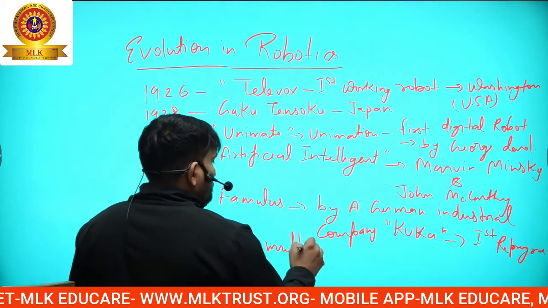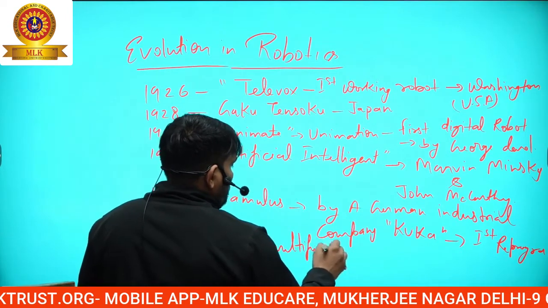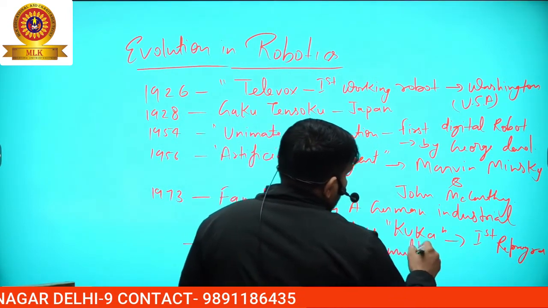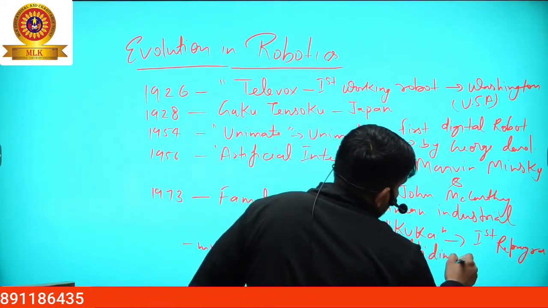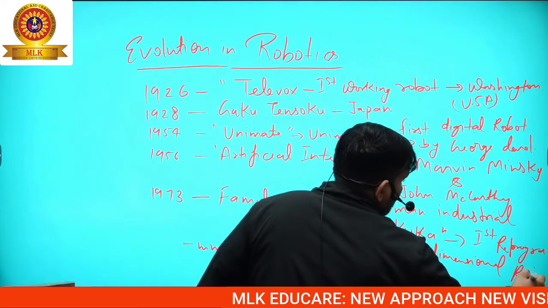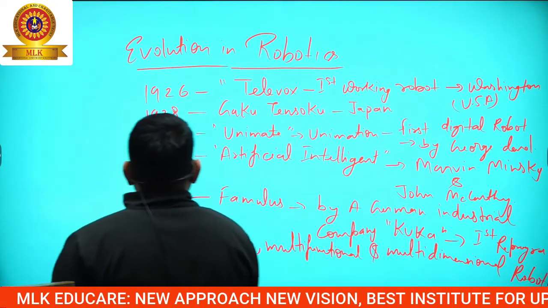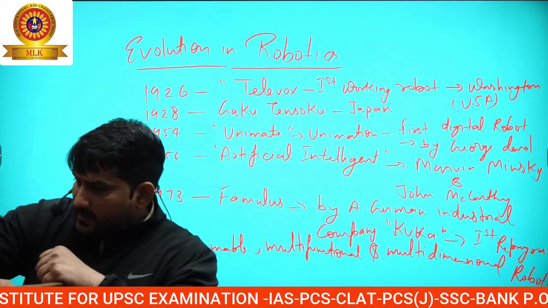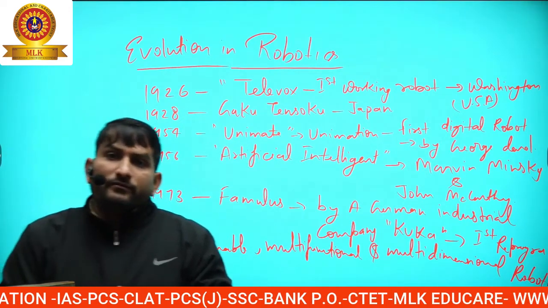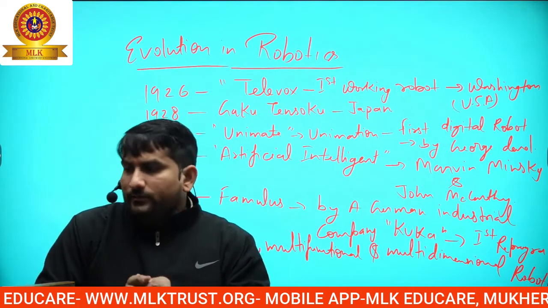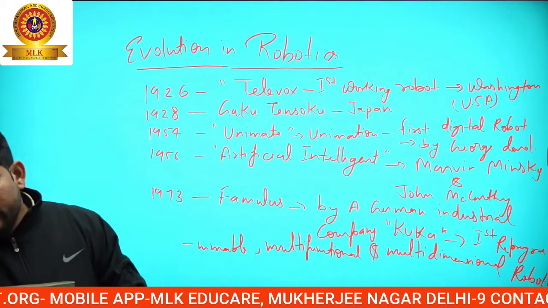So by the year of 1973, the first multidimensional robot named the Famulus is introduced by the KUKA industry, German industry.